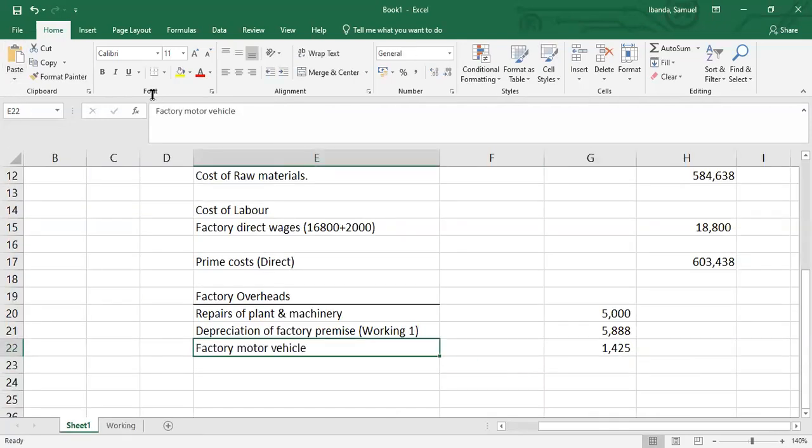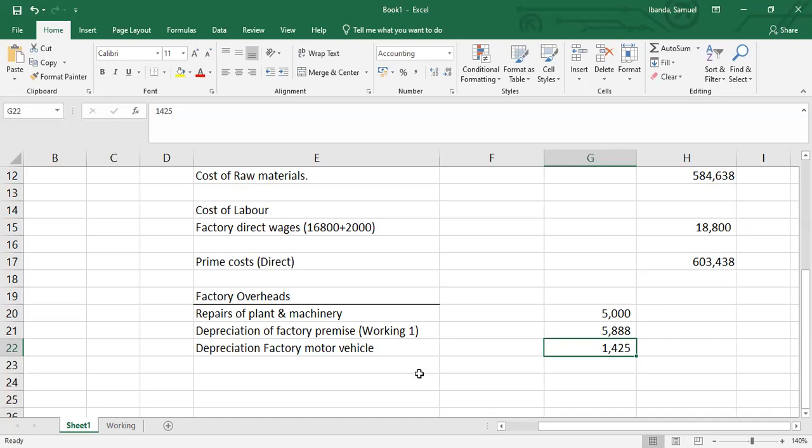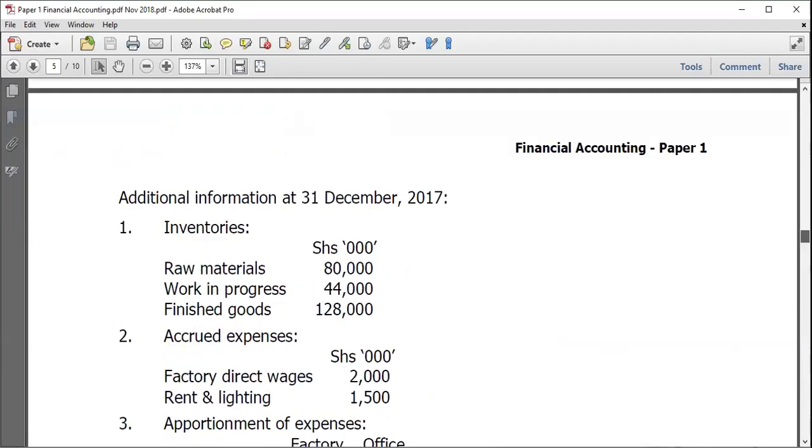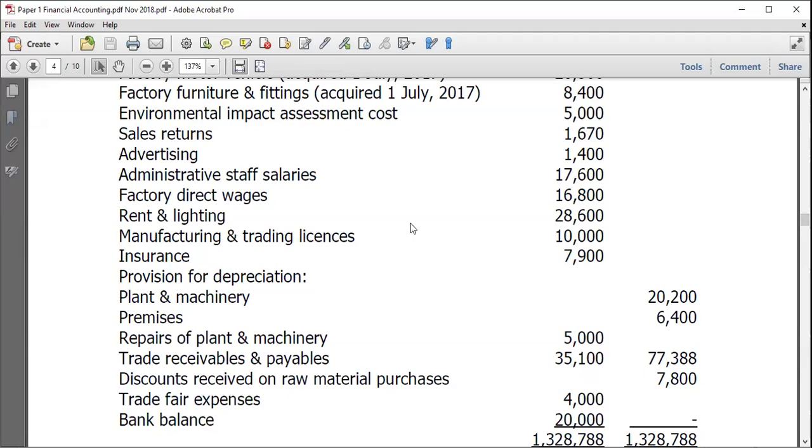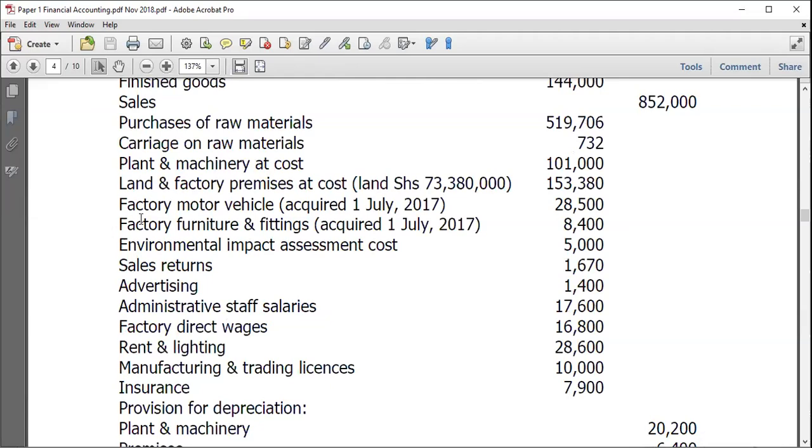So that is depreciation of factory motor vehicle, 1425. So I'll go back and check what my next item is, what relates to the factory alone. Other things I'll come back to later on.